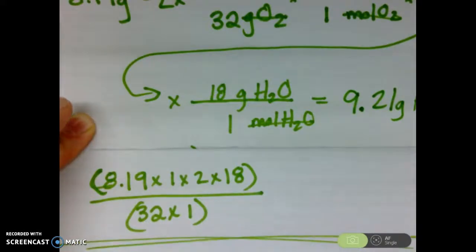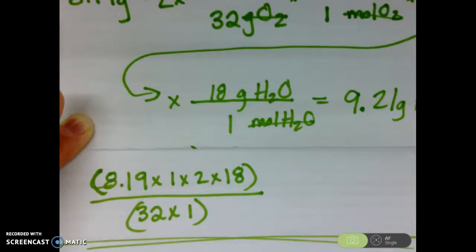Now, we're going to take this and we're going to look at theoretical yield. So this is our theoretical yield of water, okay? 9.21 grams of water. Our actual yield, what we would actually get in a lab, of water, is 7.82 grams, again, of water.